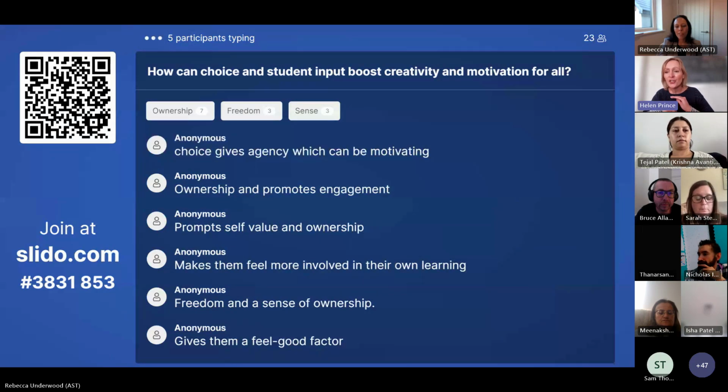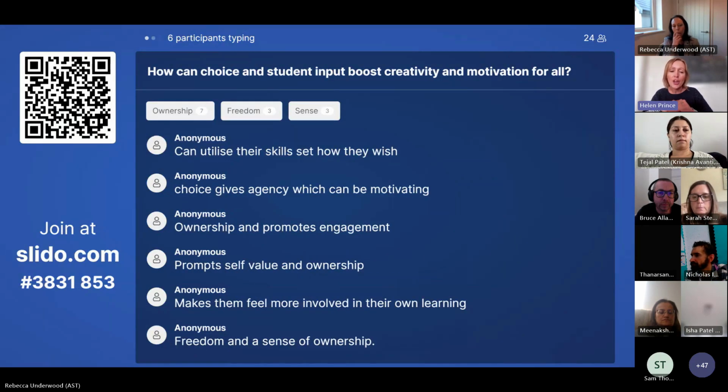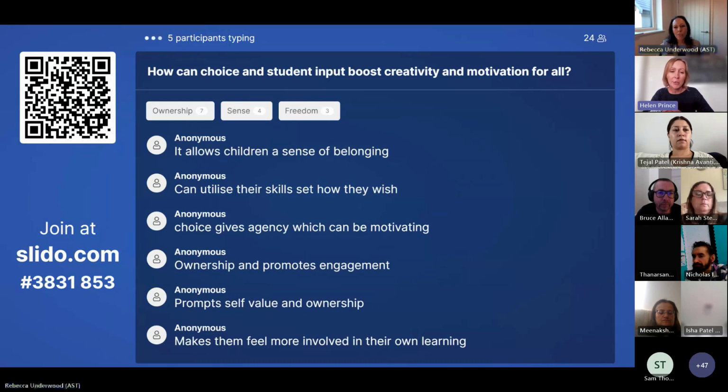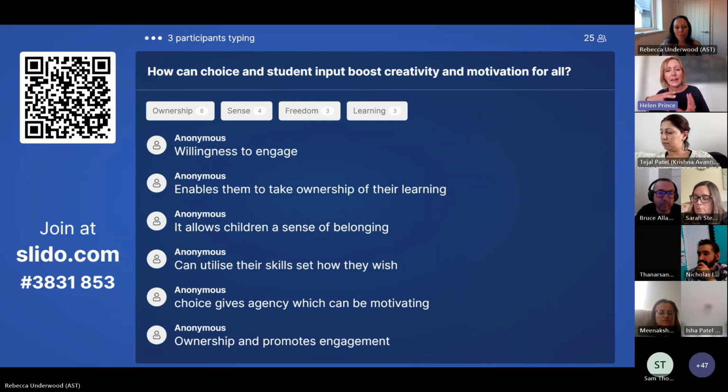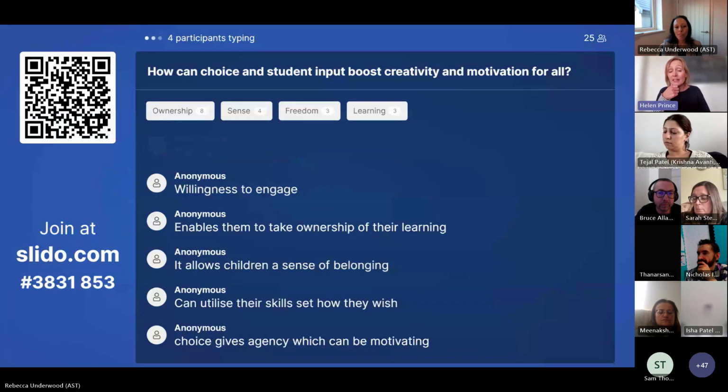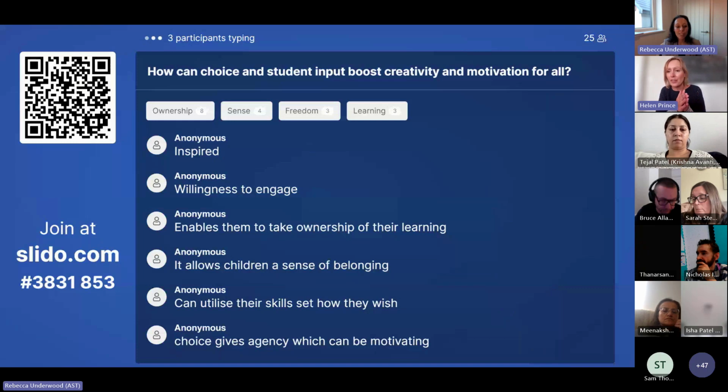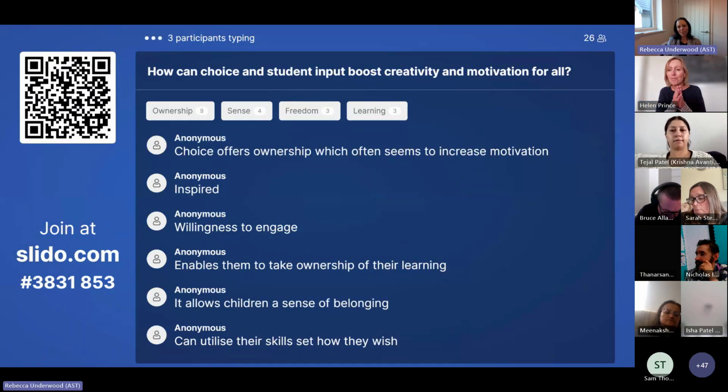If there's a choice within each of your tasks, boys respond very well to that. The moment we give them some agency in what they're doing, they feel that they can create their own version of this task. Yeah. Then it feels like a much more exciting prospect, as opposed to producing something that is the same as 30 other people. Yeah.